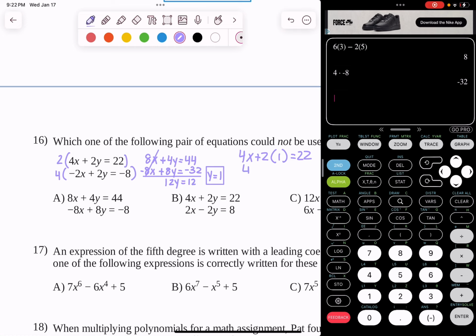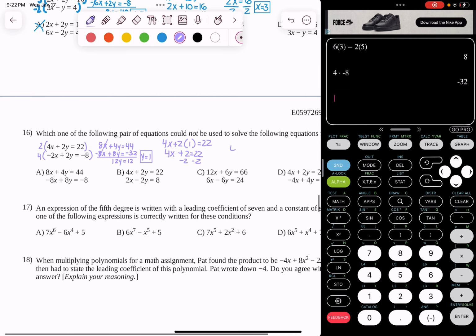That would give me 4x plus 2 times 1, which is 2, equals 22. I'm going to subtract 2. I will get 4x equals 20. Divide by 4, x equals 5.